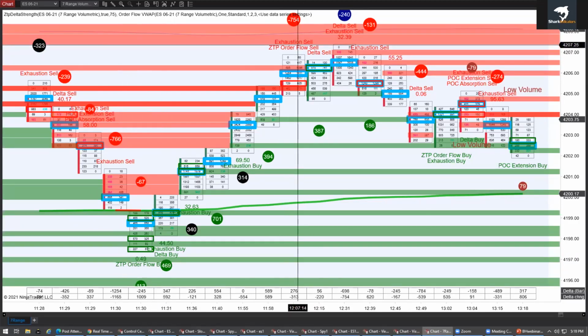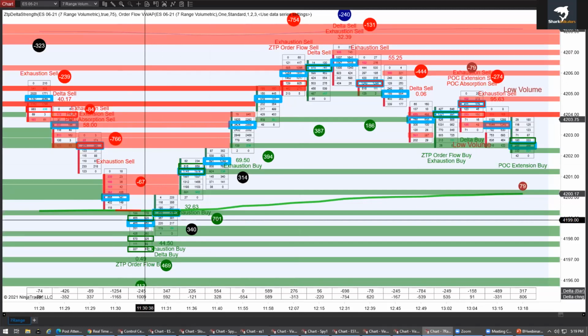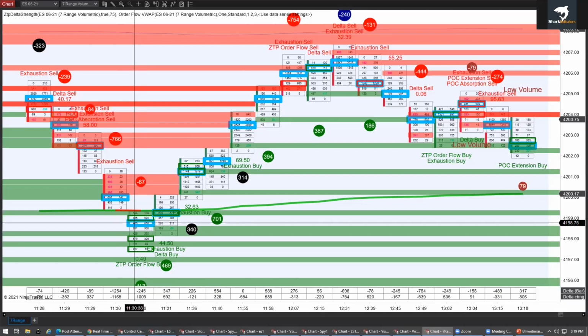Now, one of the things that I will tell you if you talk to me on the phone is I don't rely on the order flow anymore. I rely on the divergences and the volume analysis to make my trades, because in order to get this order flow signal right here, I've had to wait 2 points before the bar closed.